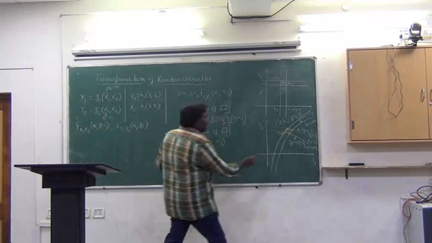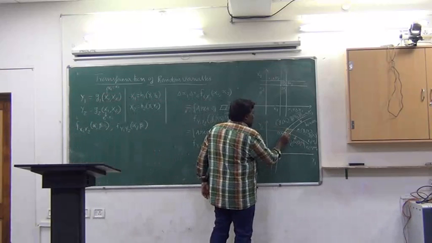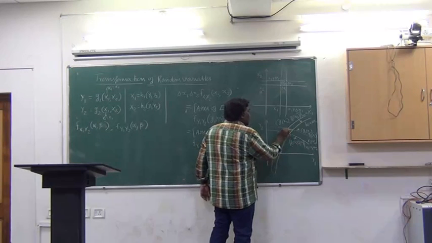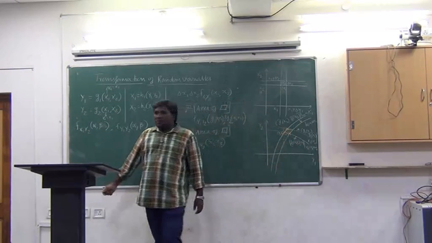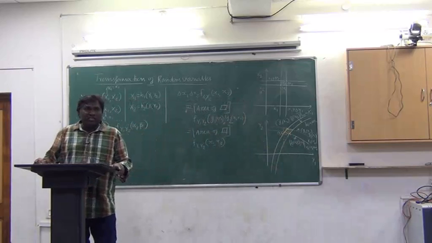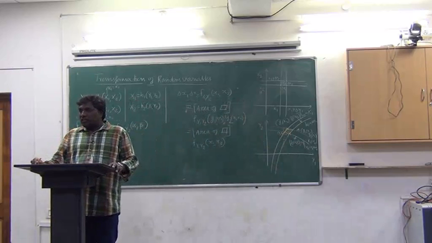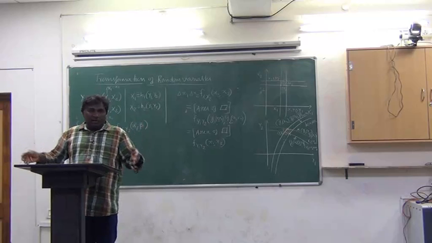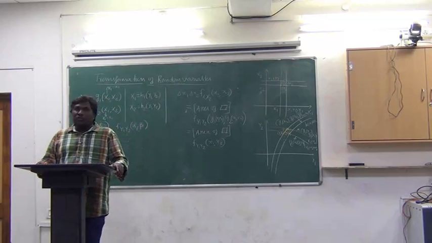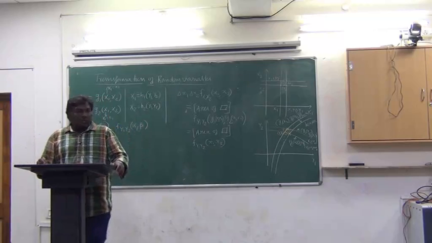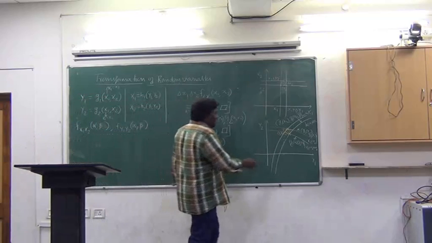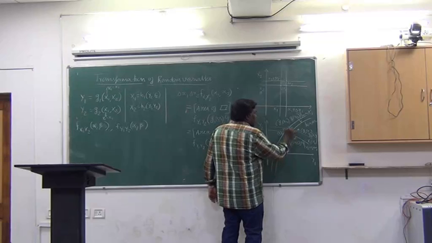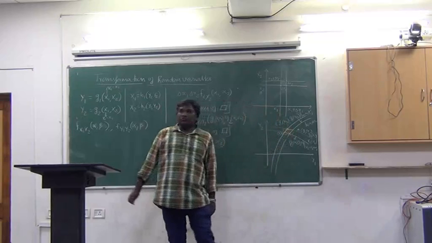This is the vector A, and this is the vector B. Then what is the area of the parallelogram? It is just the cross product, A cross B. If I know the coordinates, I can go directly for the determinant to know this area. So what we need is this coordinate and this coordinate. That's all.